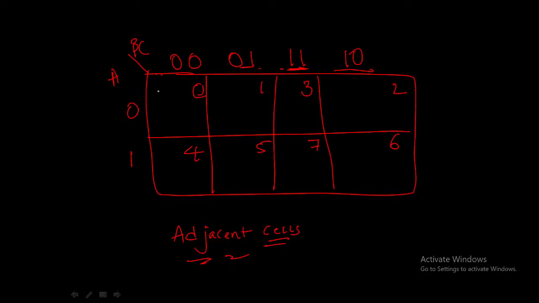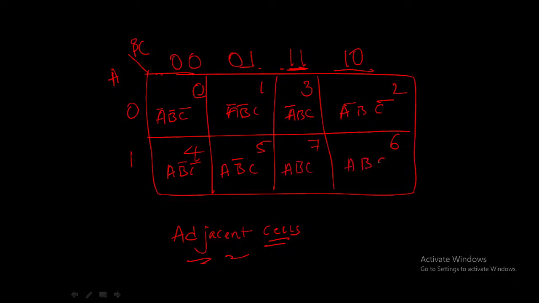Now, what is the value of this particular minterm, which is nothing but A bar B bar C bar, A bar B bar C, A bar B C, A bar B C bar, A B bar C bar, A B bar C, A B C, and A B C bar.